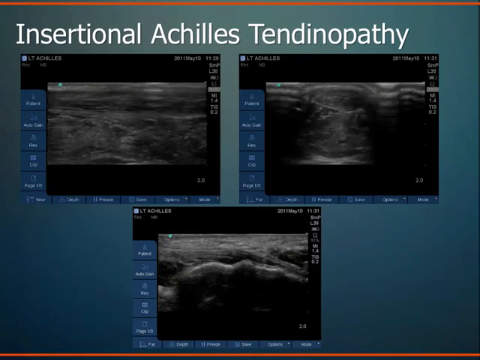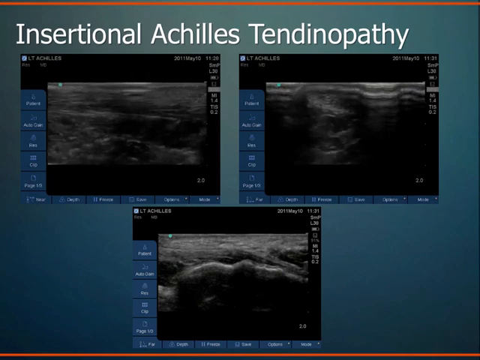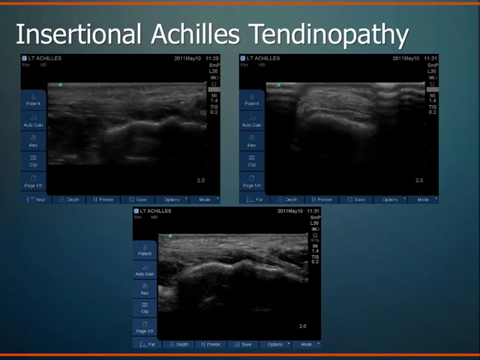There's a patient I saw on Tuesday, who comes in with 6 months of Achilles pain, heel pain, a runner, and is basically at wit's end because he can't get back to his training, lots of pain. And what we're showing here is basically the distal Achilles tendon coming down to the calcaneal insertion. The earlier movie was just basically showing the continuity of the tendon, a very healthy tendon.